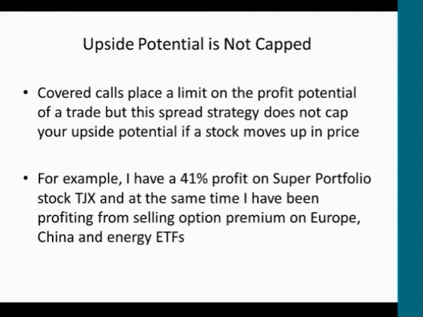So when I sell a call option, let's say on the Europe ETF, that doesn't limit the profit potential for the TJX stock. In other words, if that TJX stock moves up 10%, it's not going to be capped as it would be in a covered call. So that's one important difference between the super portfolio and covered calls, in that you don't cap your profit potential on the stocks.